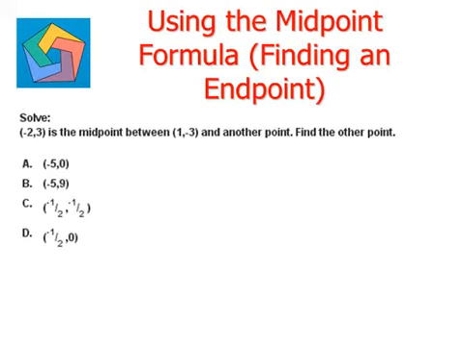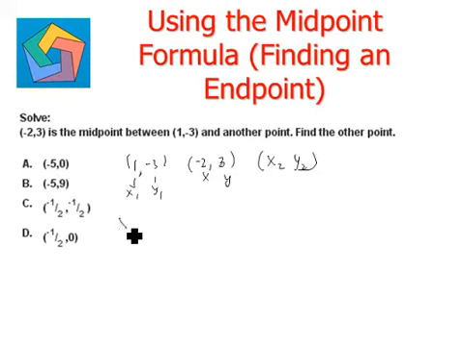Let's look at the next question. It says solve: -2, 3 is the midpoint between 1 and -3 and the other point. Let the other point be x2 and y2, and the midpoint is -2, 3. So this is x1, y1, x, y, and x2 and y2 to find out.